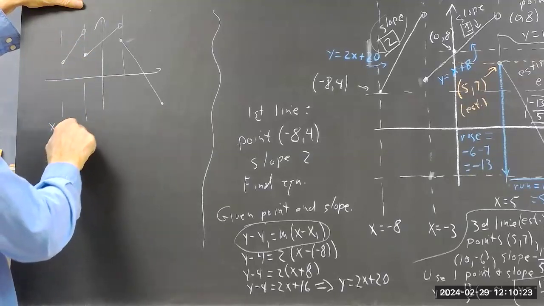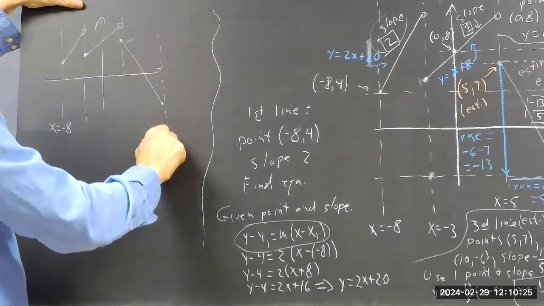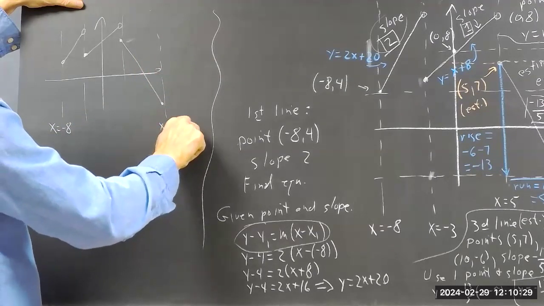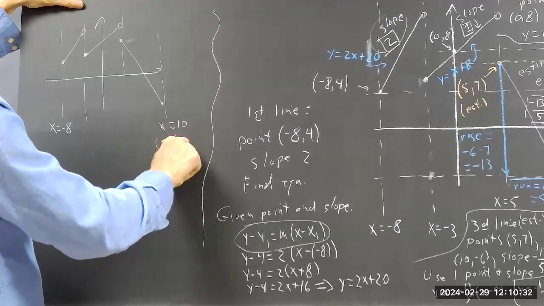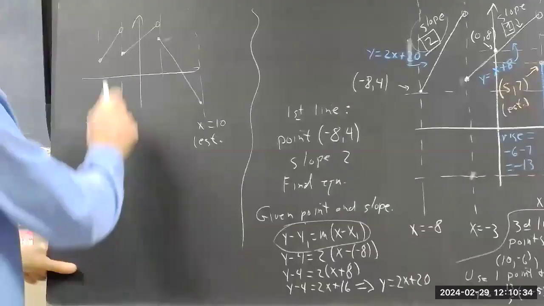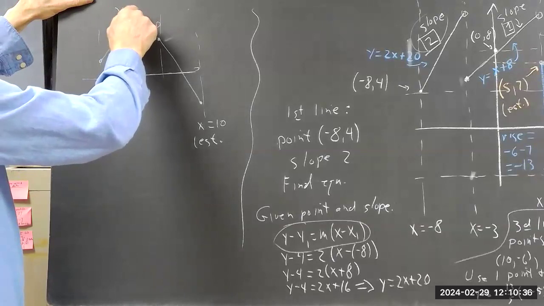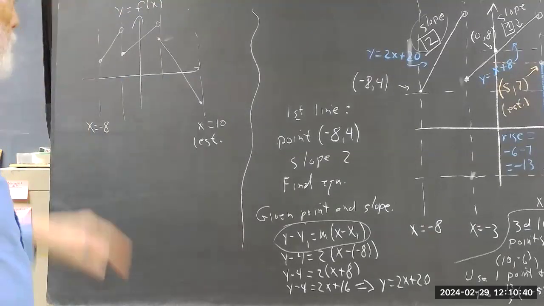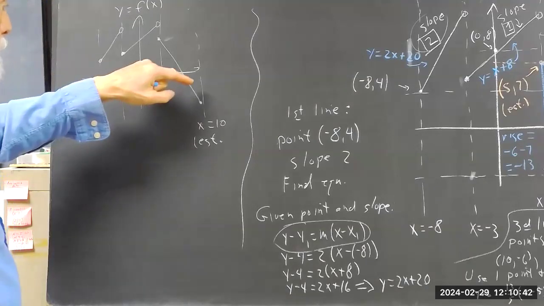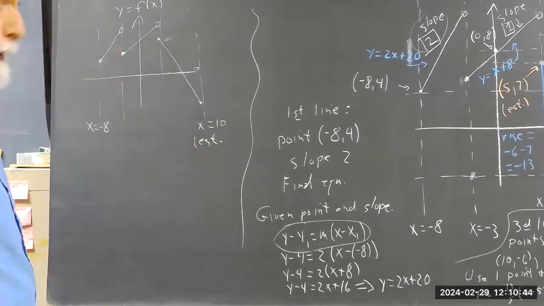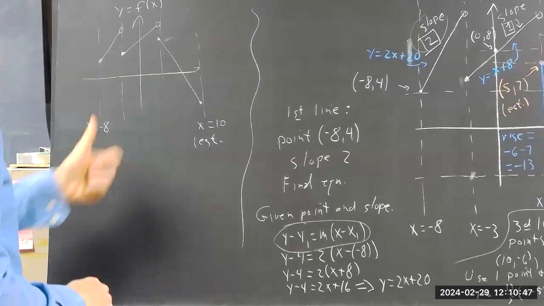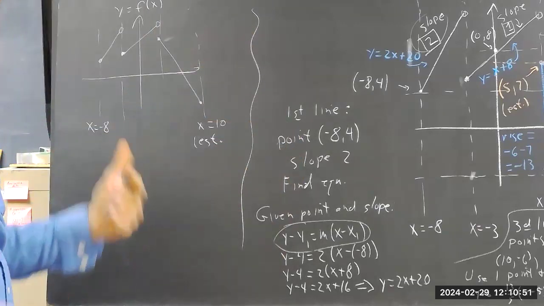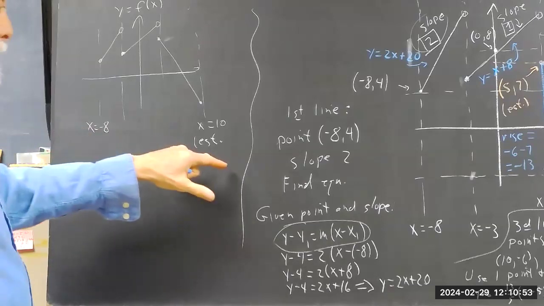Here's x equals -8. Here's x equals 10, estimated. This is a function y equals f of x. For any x value between -8 and 10, we've got a y value. From the left to -8, to the right of 10, we don't have anything, so the domain is confined to [-8, 10].